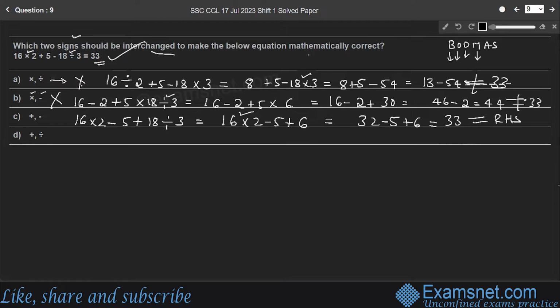Therefore, if we interchange addition and subtraction signs in the given equation, LHS will be equal to RHS. So the equation is mathematically correct if we interchange addition and subtraction signs. Therefore, option C is the right answer. You can verify this by considering option D also. You won't get the LHS equal to RHS if we try option D, right? So option C is the right answer.